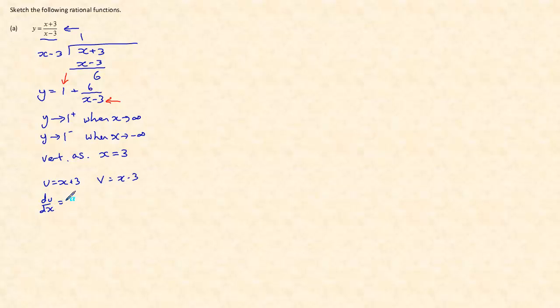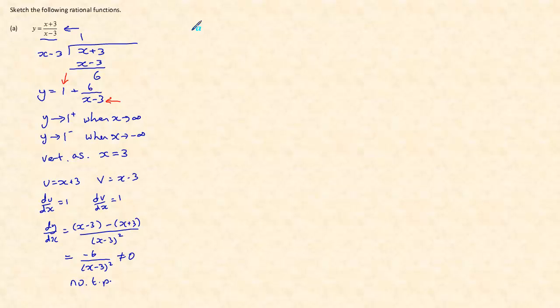So du dx would be 1, dv dx would be 1, and so dy dx would be x minus 3 take away x plus 3, all over x minus 3 all squared, which is negative 6 over x minus 3 all squared. And since this is a constant on top, this can never be 0. So we can say there's no turning points.